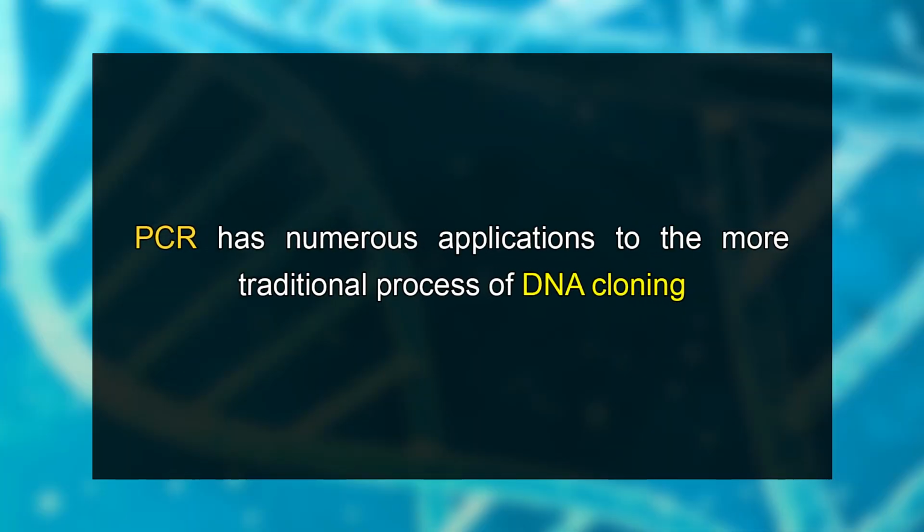PCR has numerous applications to the more traditional process of DNA cloning. It can extract segments for insertion into a vector from a larger genome which may be only available in small quantities.